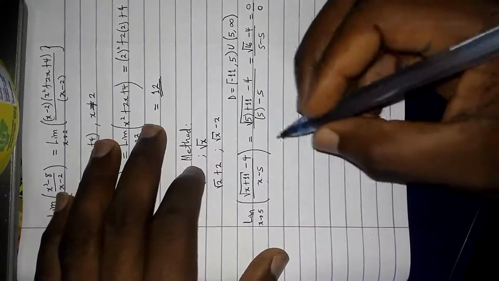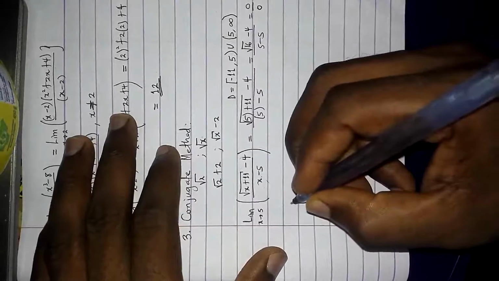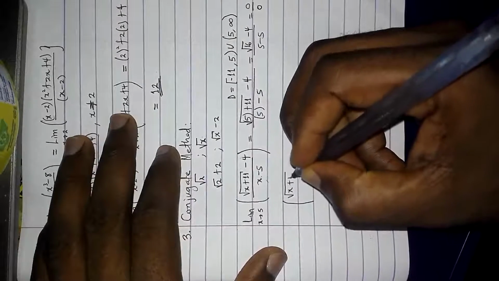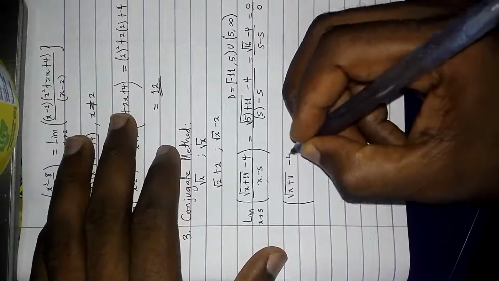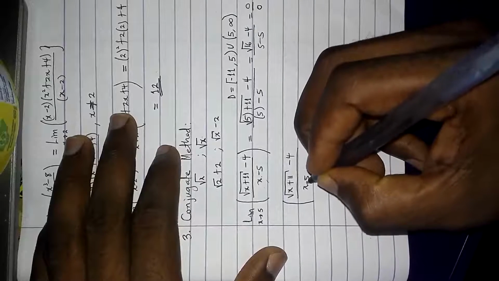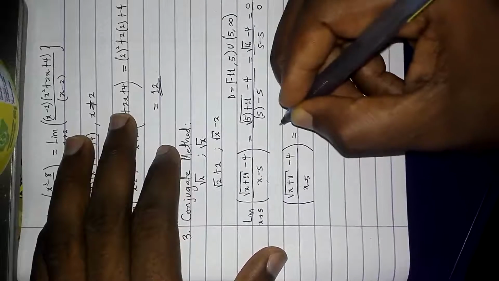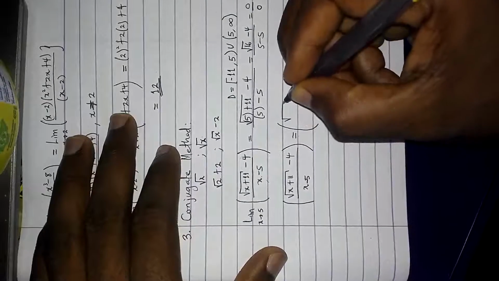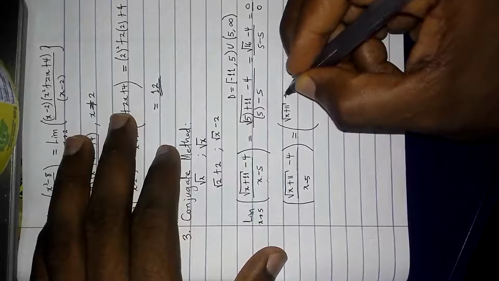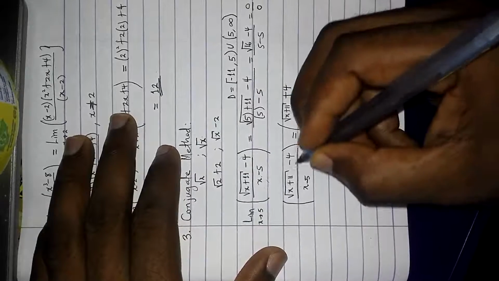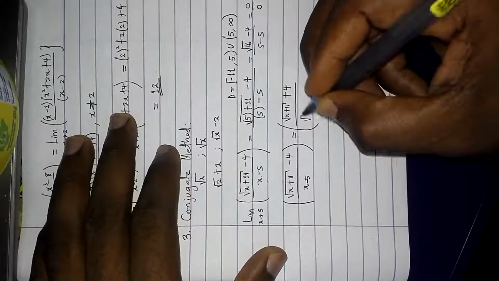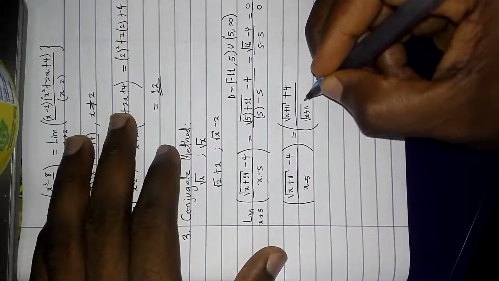Alright, so going forward, I can now write that square root of x plus 11 minus 4, divided by x minus 5, is actually equal to square root of x plus 11 plus 4, that will be the conjugate of this, it is this relation that will change, divided by square root of x plus 11 plus 4.